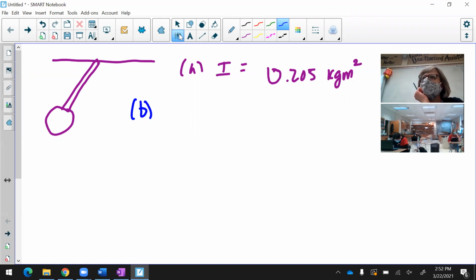How do I find the center of mass of anything? I could use symmetry of some kind. Okay. Is this object symmetric?